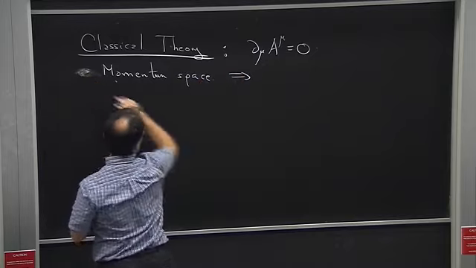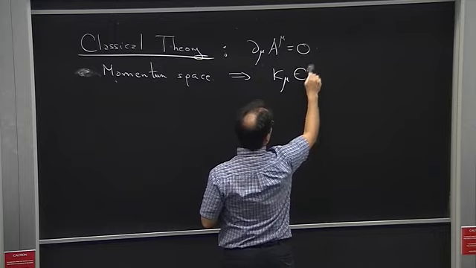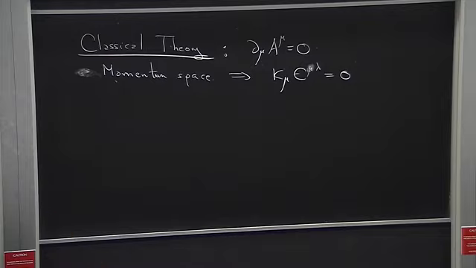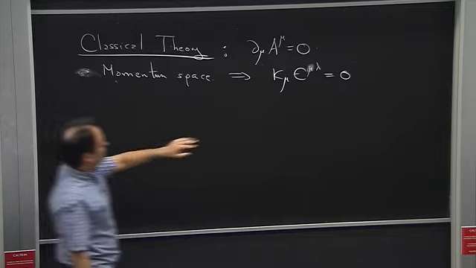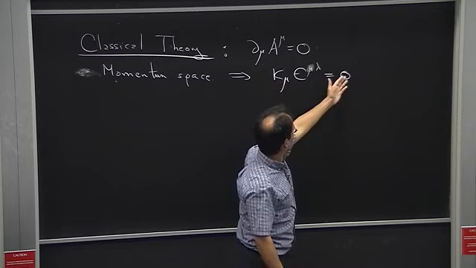This condition implies that k^mu epsilon_mu^lambda has to be 0. Out of the 4 possible polarization vectors that we have, we have to impose that this object vanishes.